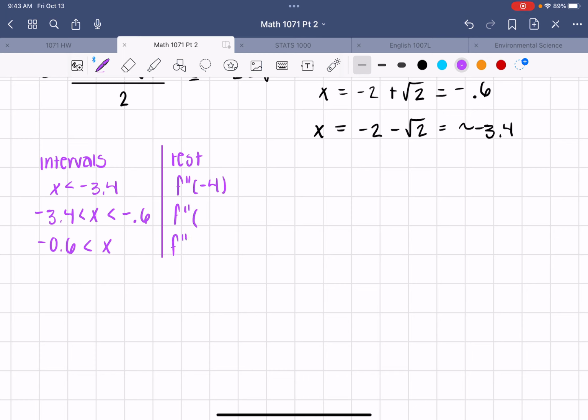Now at negative 2, we're going decreasing, but we're still concave down. Now here at 0.6, we are still decreasing, but now it's concave up.